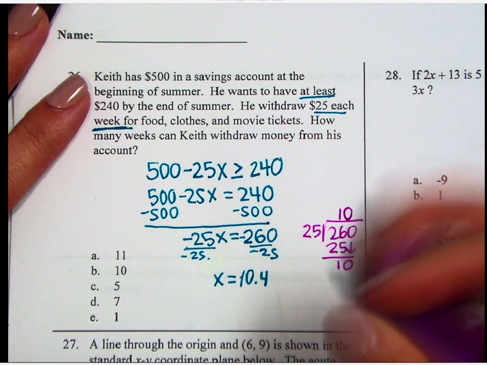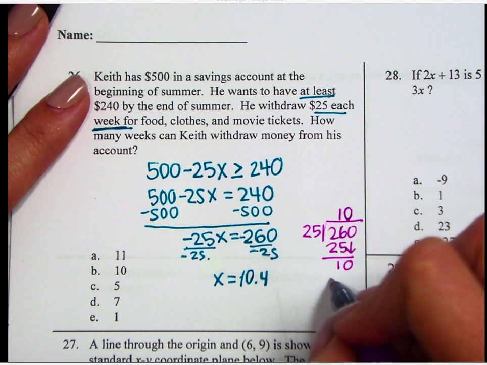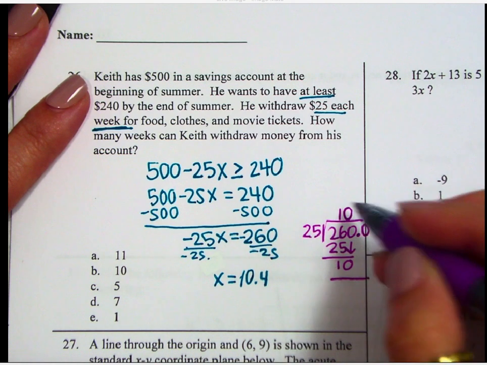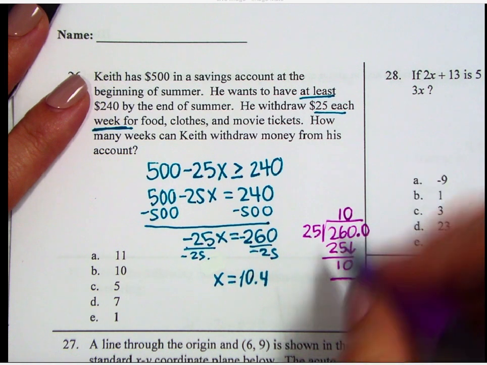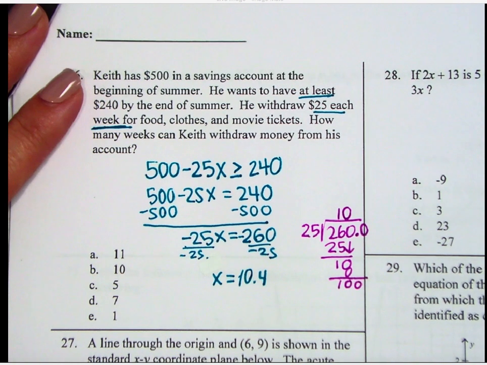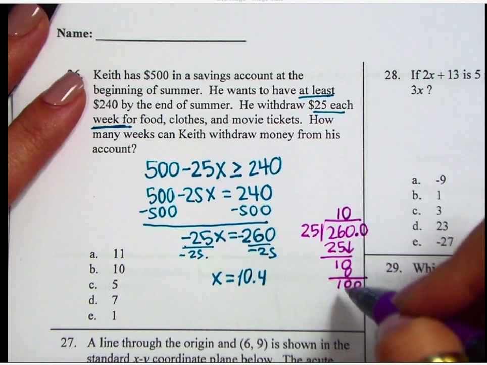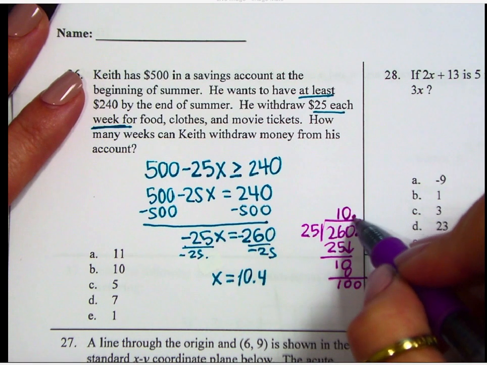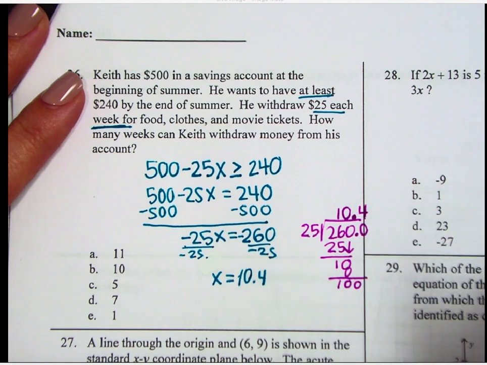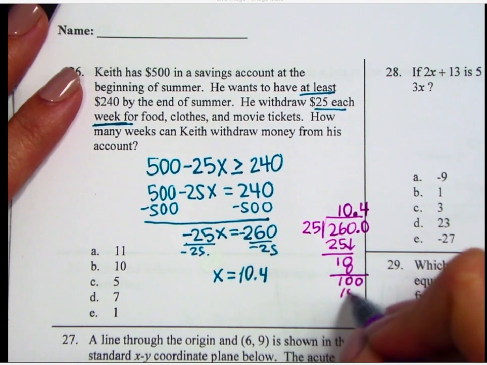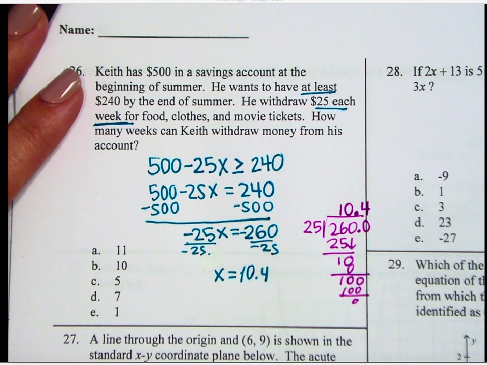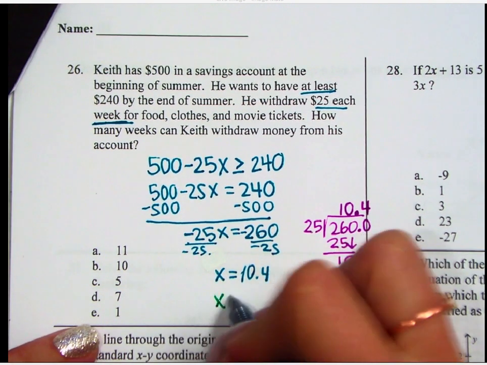So 0 times 25 is 0, and then we're going to bring down the next 0. 100 divided by 25 is going to go in 4 times. So we end up with 10.4.